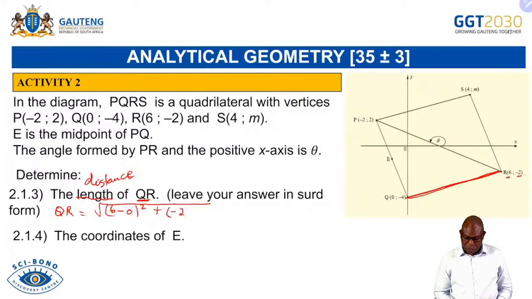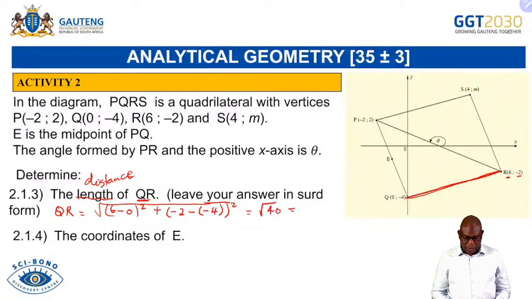It's negative 2 minus negative 4. Then the whole thing must be squared. As I said, you have to use a calculator. So you go to your calculator, you punch in as it is, square root of, open bracket, 6 minus 0 squared, as it is. And the answer that you're going to get there will be square root of 40.